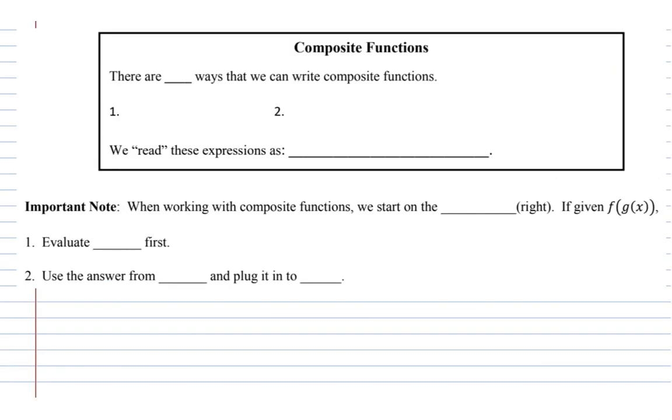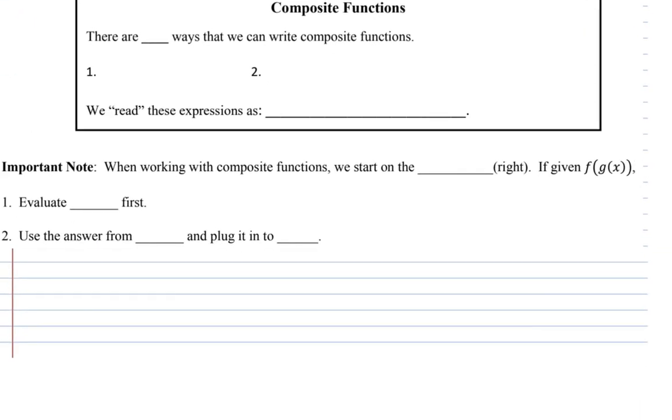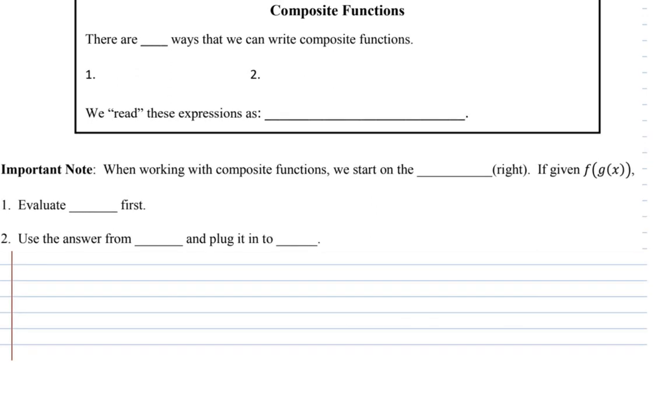Okay, so now that we remember how to substitute, because technically composition is double substituting, triple substituting, depends on how the function is given to you. There are two ways that we can write a composition function. The first one is f of g of x.